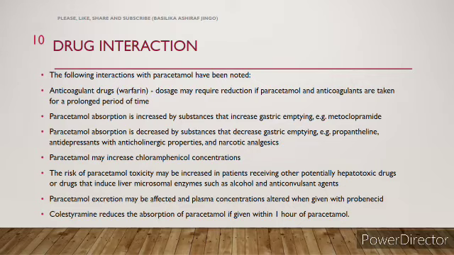So if there is a person with a problem with bile reabsorption, maybe if there is increased bile reabsorption, we shall give that cholestyramine. So if given with paracetamol at the same time, there would be decreased absorption. So you have to space them by a period of 1 hour.